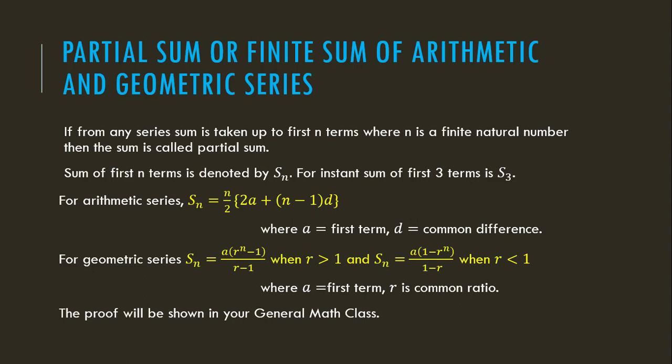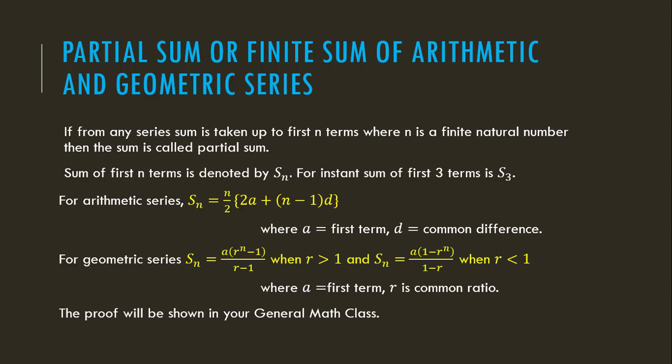For a geometric series also, we can develop a formula for the sum of the first n terms, which is Sn equals a into (r to the power n minus 1) divided by (r minus 1), where r is greater than 1, and Sn equals a into (1 minus r to the power n) divided by (1 minus r) when r is less than 1.